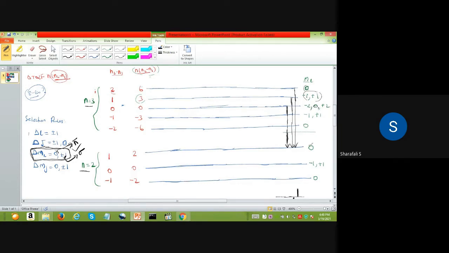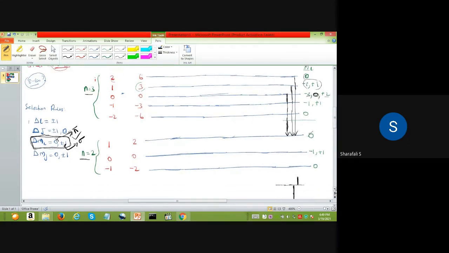Then only delta ml becomes 0. Otherwise, delta ml becomes plus or minus 2. Minus 2 minus 0 is minus 2, plus 2 minus 0 is plus 2. So that is not allowed. Only delta ml equal to 0 or plus or minus 1 is allowed. So only from this 0 ml value, this transition is possible.